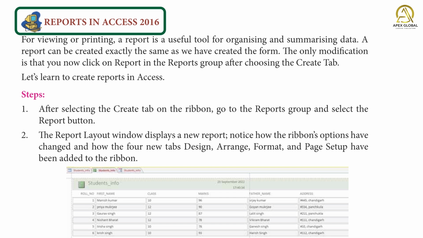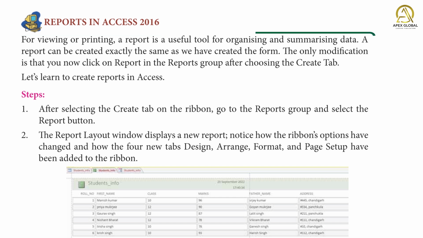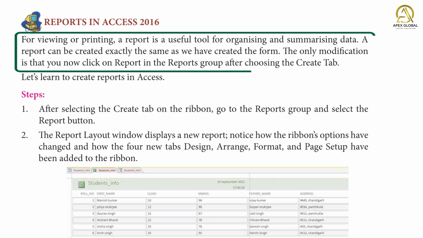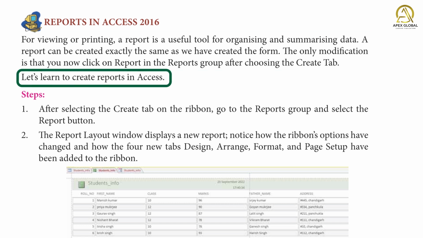Reports in Access 2016. For viewing or printing, a report is a useful tool for organizing and summarizing data. A report can be created exactly the same way as we created the form. The only modification is that you now click on Report in the Reports group. After choosing the Create tab, let's learn to create reports in Access.